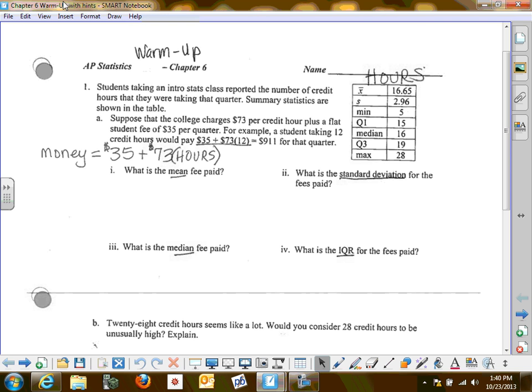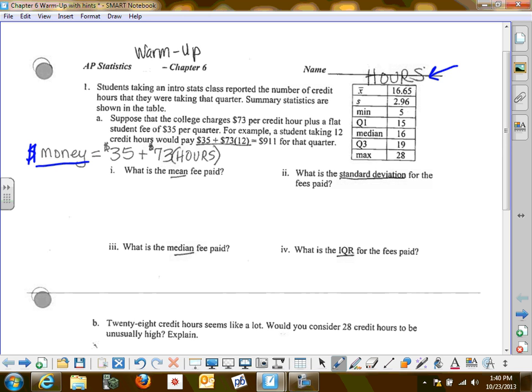Okay, so let's do a little bit of guidance in the warm-up here. One of the things that they did not do on this problem is put that this table is a reference to hours. So these are your credit hours, and what they're wanting you to do is transform these hours into your fees, into your money.